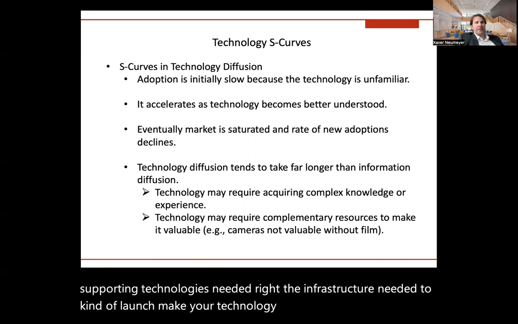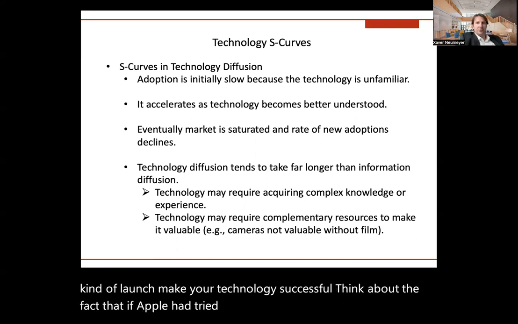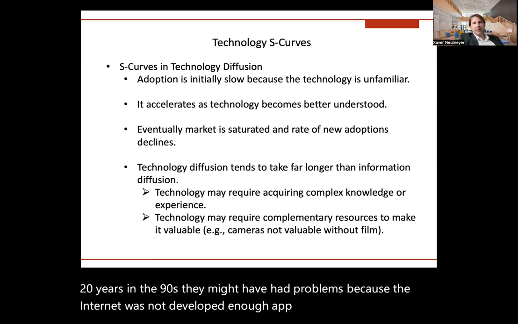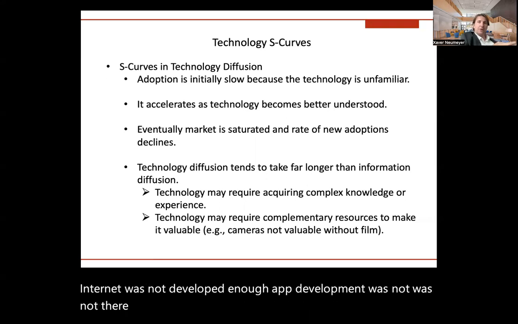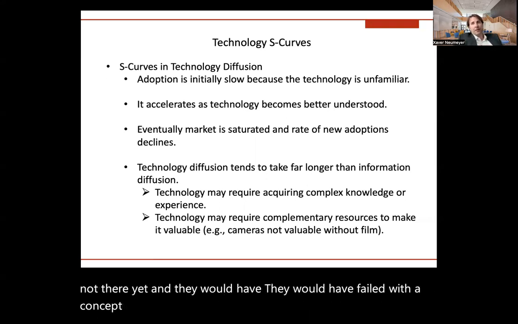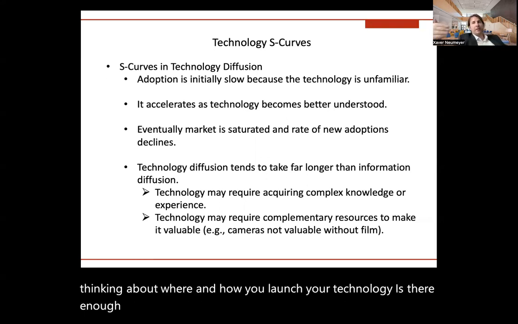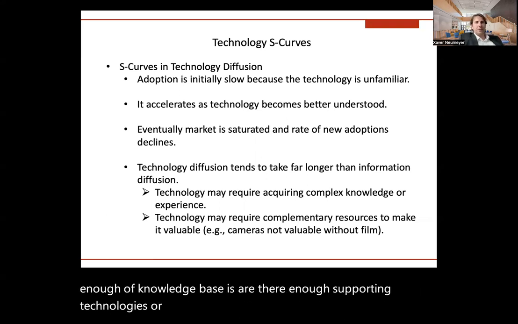Think about the fact that if Apple had tried to launch the smartphone in the 90s, they might have had problems because the internet was not developed enough and app development was not there yet. They would have failed with a concept that 10, 20 years later was a huge success, right? So think about where and how you launch your technology. Is there enough of a knowledge base? Are there enough supporting technologies or innovations that will help you do that?